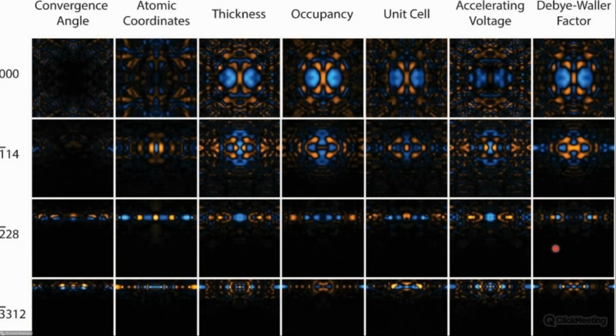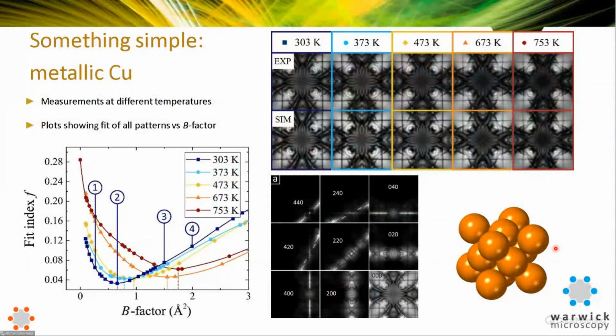Each one has a unique fingerprint of changing intensities on your dynamical diffracted data. So what this means is they become effectively independently refinable. Although the patterns themselves are very complicated, because each parameter has a unique fingerprint, you can just refine them individually.